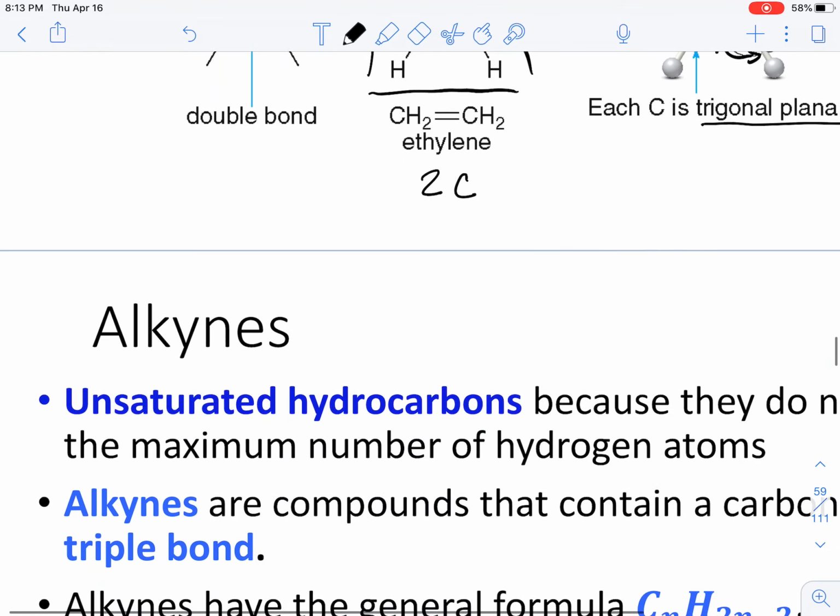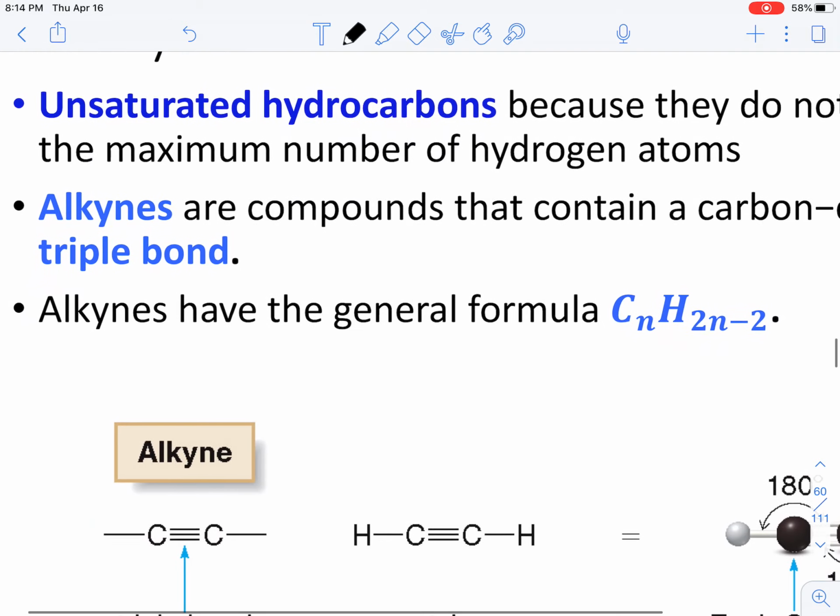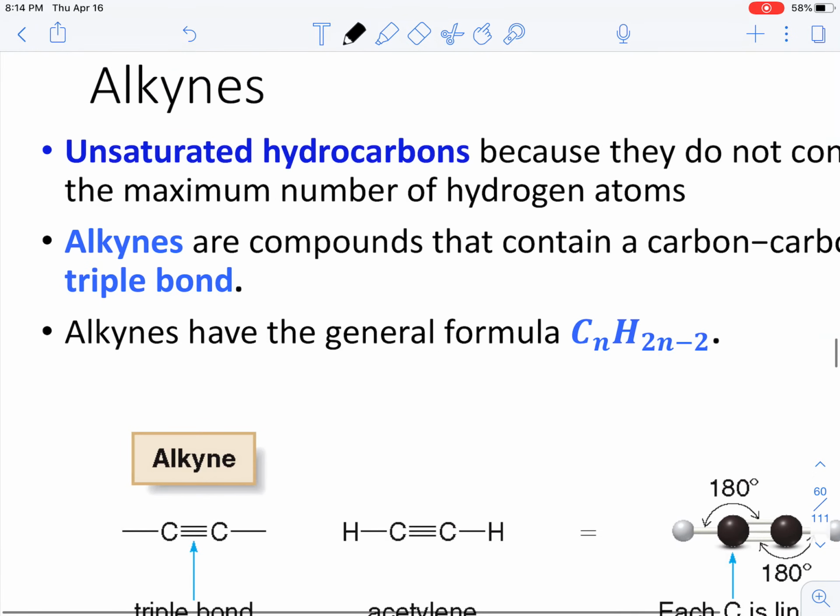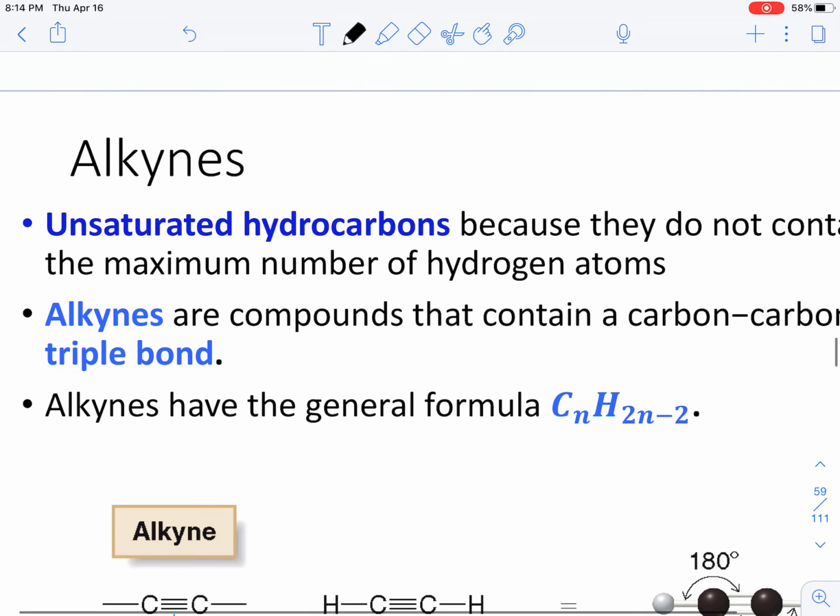All right. So for alkynes, once again, it's an unsaturated hydrocarbon. If you're looking at an alkane, we'll do ethane as our example. This is the expanded structure.